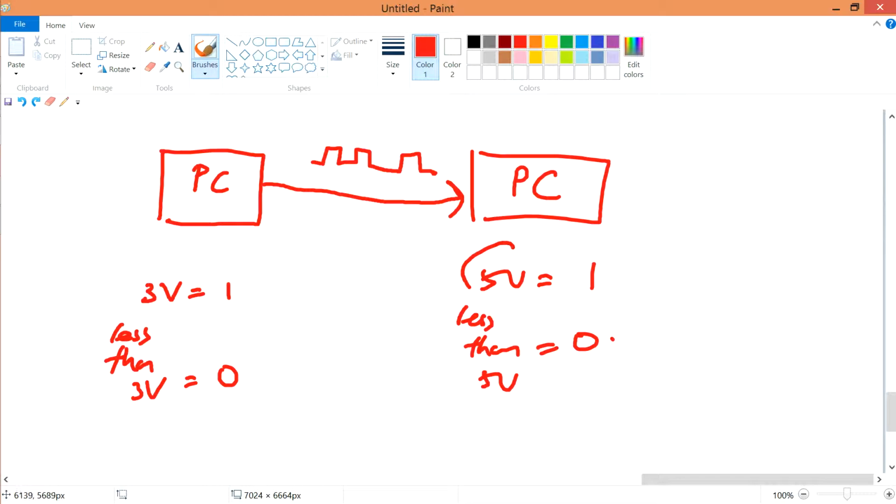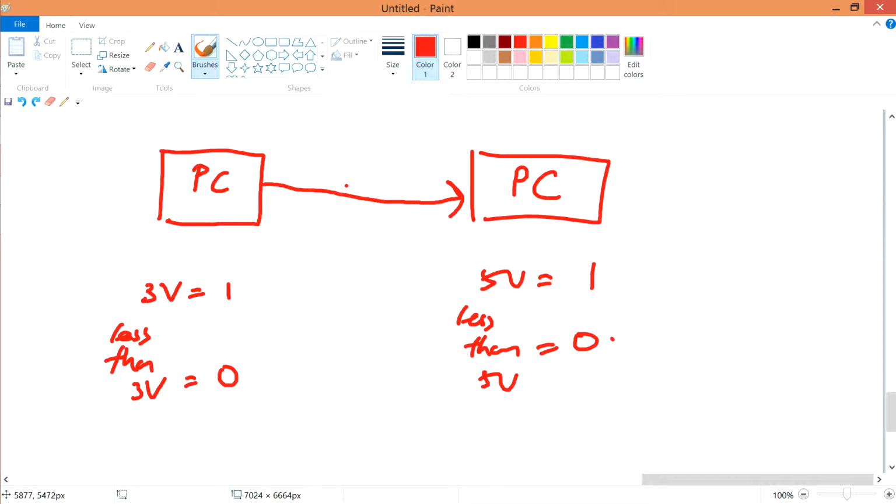However, this PC, in order to read 1, it must be 5 volts. So all this logic over here that equals 1 in this particular system: this is 1, this is 0, these are all zeros, this is 1, another 0, and then 1, 0, 1, 0.